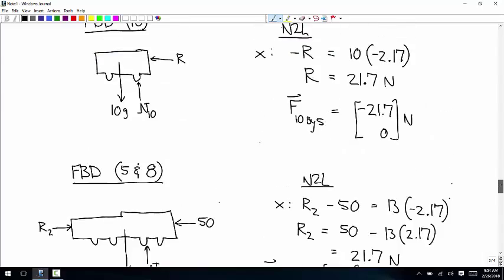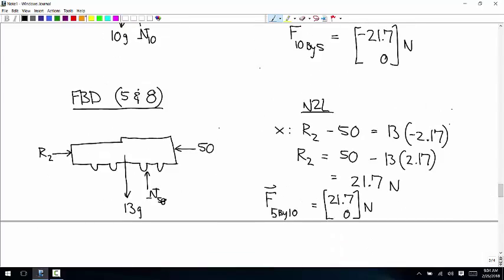Okay, so notice this interesting development. This force here, the force on the 5 by the 10, is exactly equal and opposite to the force on the 10 by the 5. That's a super weird coincidence, right? It's not a coincidence.